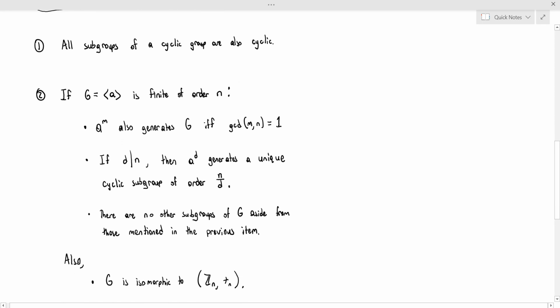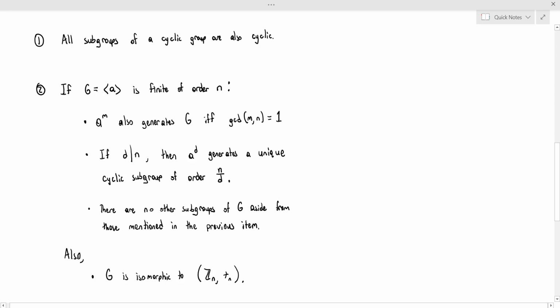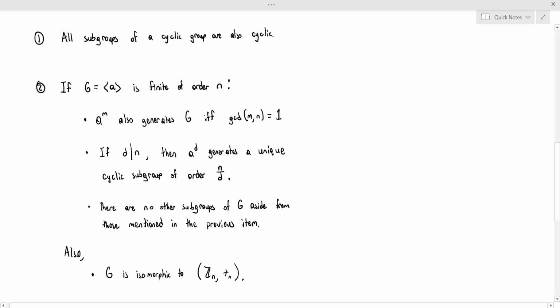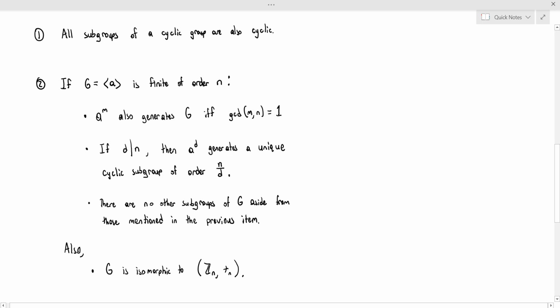So here I've listed some of the facts that are talked about in this fundamental theorem of cyclic groups. One fact is that all subgroups of a cyclic group are also cyclic. That's the first fact that I have stated up here.